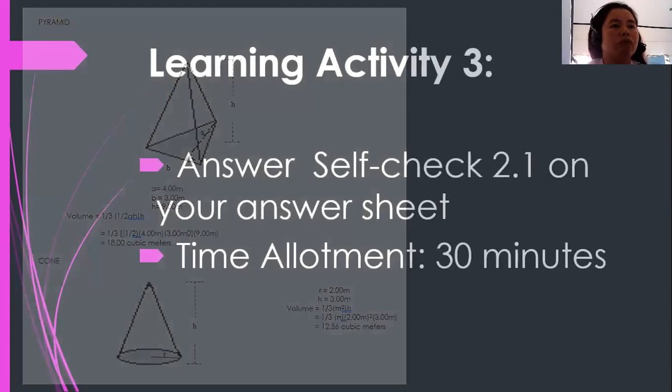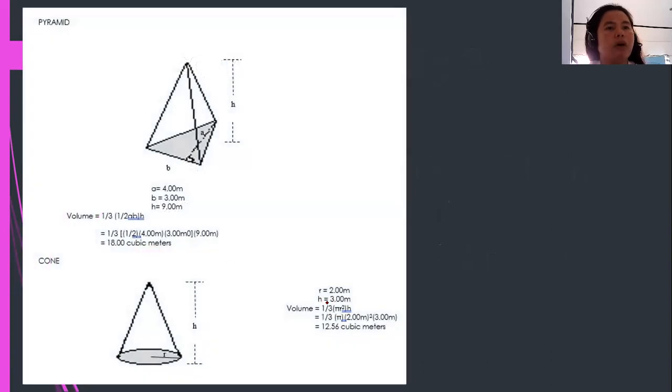For the cone. So R equals 2 meters, H equals 3 meters. So R for the radius and H for the height. So volume is equal to 1/3.